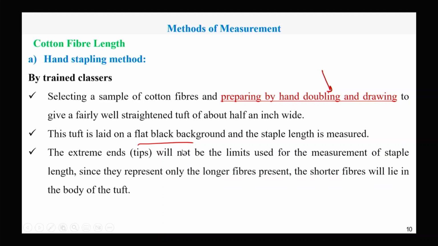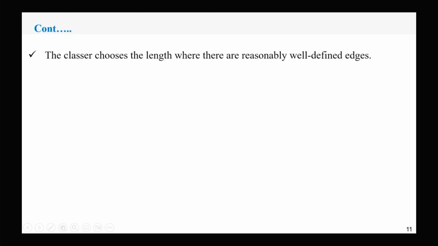Like we cannot take the extreme tips, that means suddenly the change in the density of the number of fibers. So the classer chooses the length where there are reasonably well defined edges, as we have discussed.